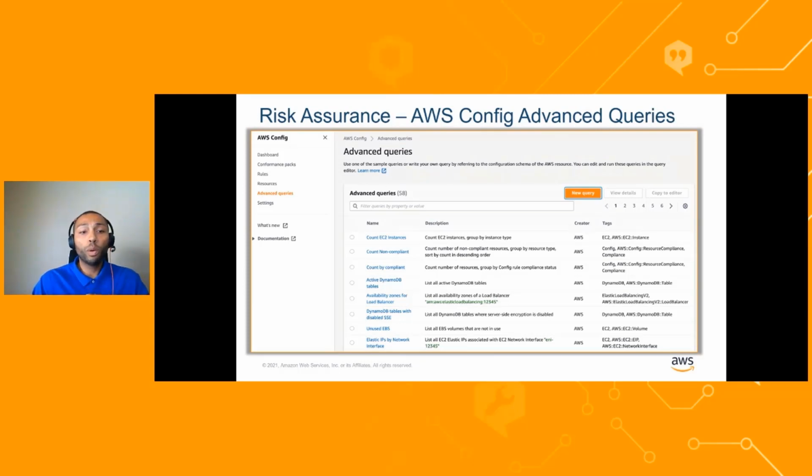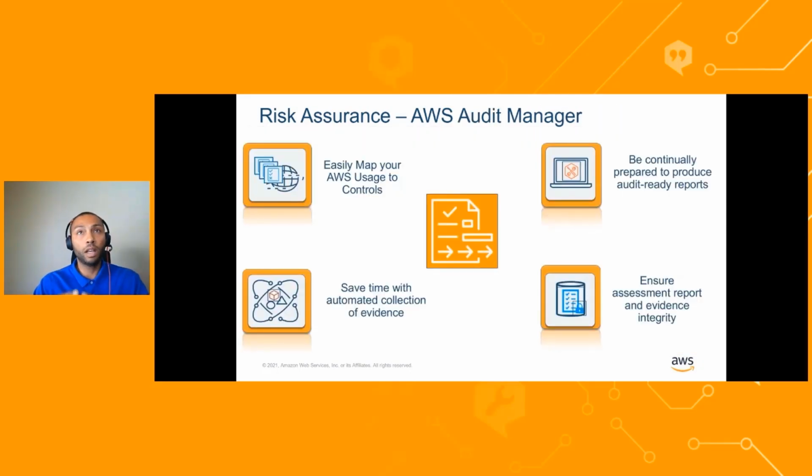Advanced queries are going to give you sample queries that are available to help you get started, which we recommend. In order to keep this process simple and get you started quickly, advanced queries are going to allow you to do this, but most importantly, they're going to allow you to do this at no additional cost, which is great, right?